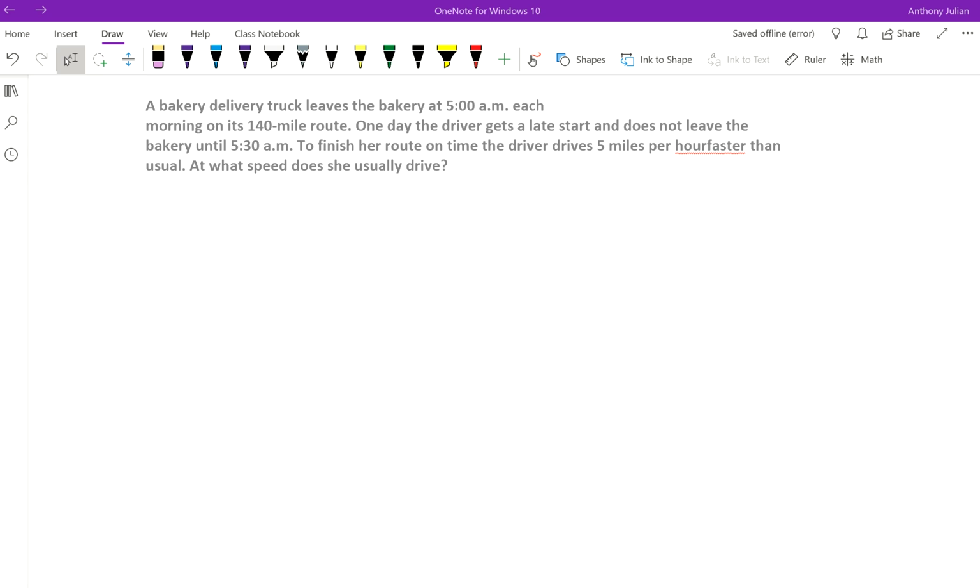Another distance. Distance equals rate times time, and distance equals rate times time. All right, so the first one we're going to go when they leave.